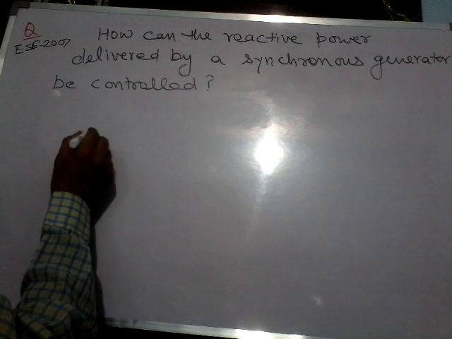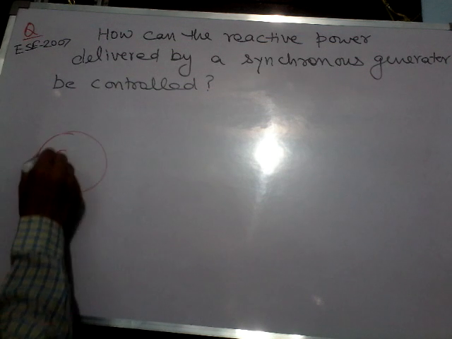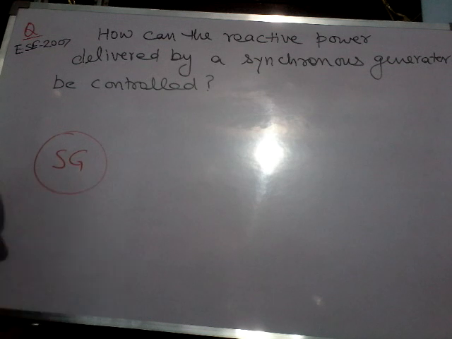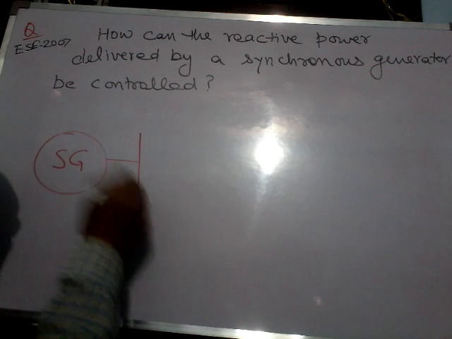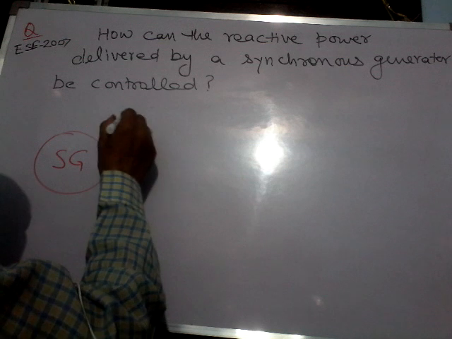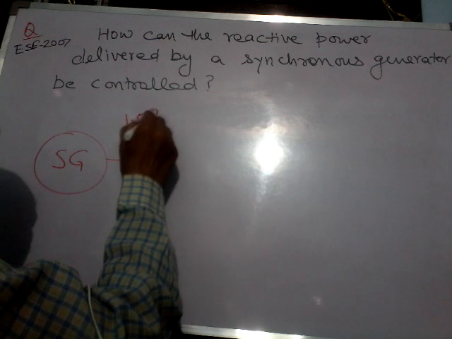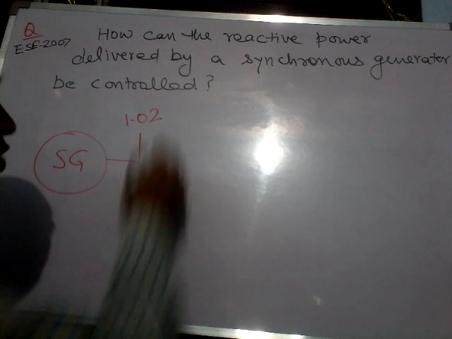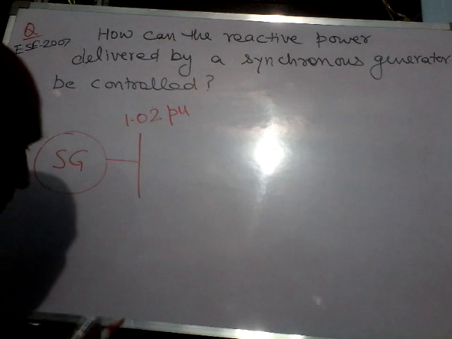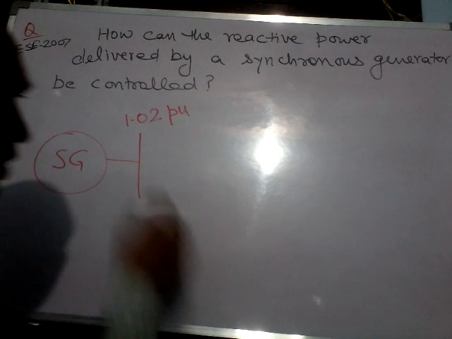Suppose it is a synchronous generator, and this is its terminal voltage. Suppose its terminal voltage is 1.02 per unit, at angle 30.